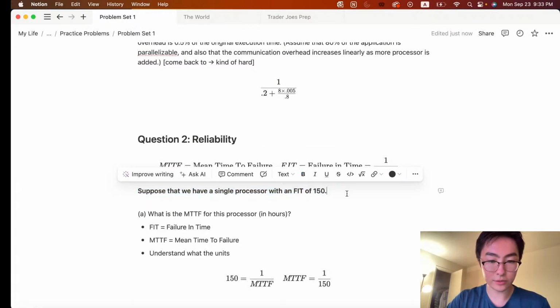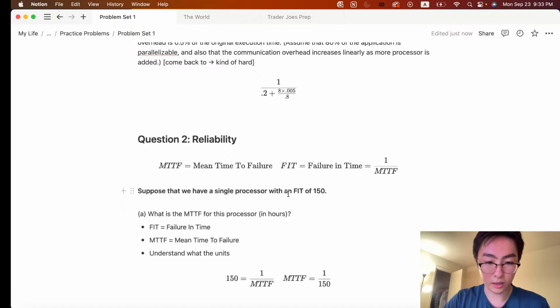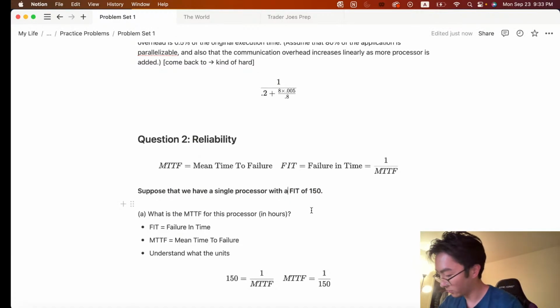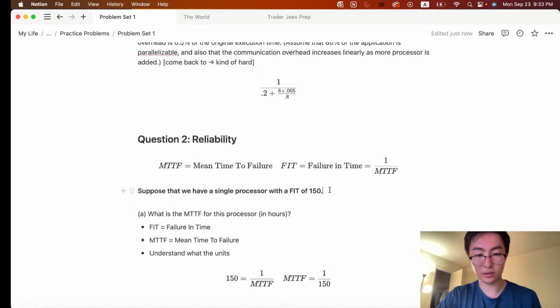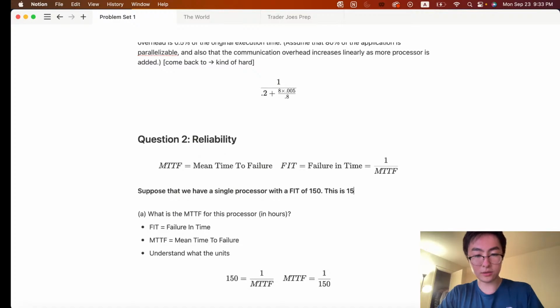Suppose we have a single processor with a failure in time of 150. This means 150 failures per billion hours.